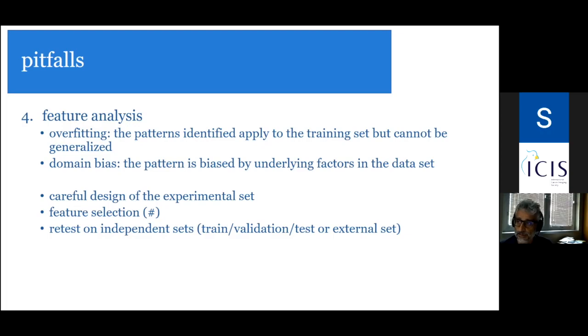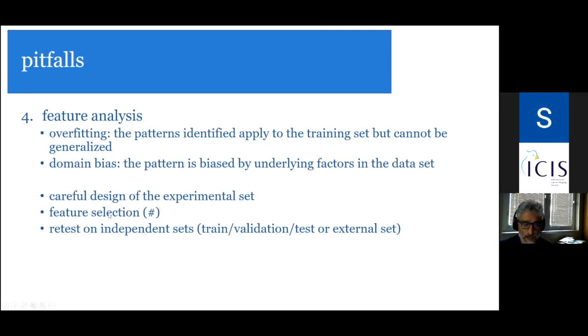If you train a data set on liver cirrhosis, and if you feed this data set with CT scans of cirrhotic livers and MRI scans of normal livers, the system will probably understand that any CT scan is cirrhosis, any MRI scan is normal liver. So it will be trained on the modality rather than on the disease. So one should be very careful when designing the experimental set.